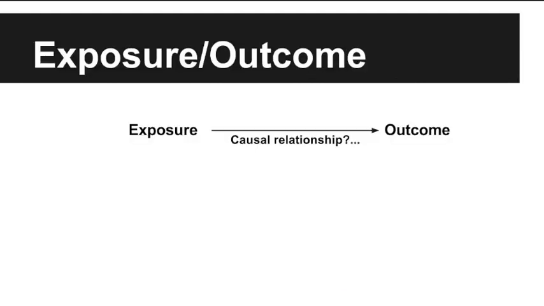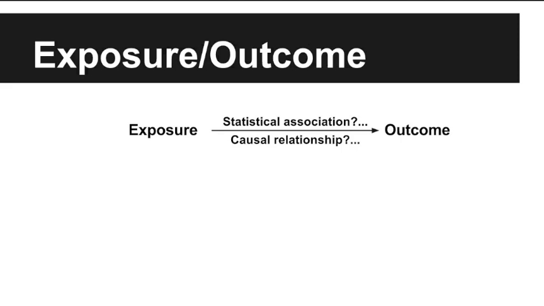Like I said, one of the key functions of epidemiology is to identify causal relationships between exposures and outcomes. We want to know what causes disease and injury to occur. Epidemiologists aren't the only scientists who are concerned with this, but it's central to our discipline. We go about it by identifying statistical associations between exposures and outcomes in human populations.